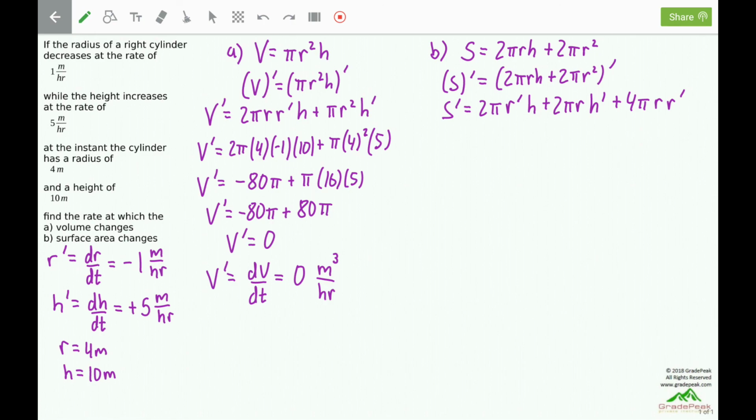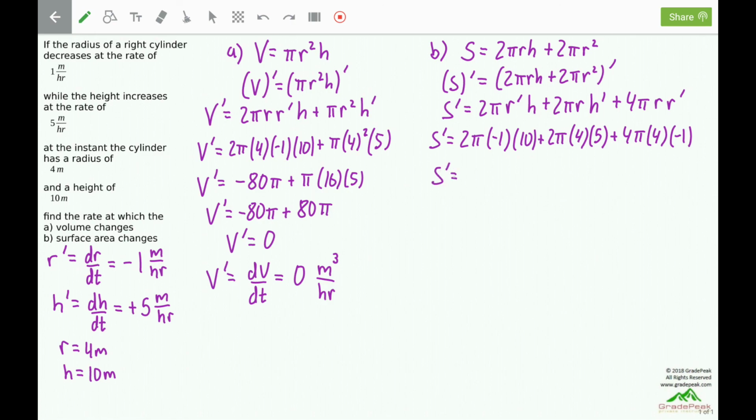We can now plug our numbers in. So S prime will equal 2 pi times r prime, which is a negative 1, times h, which is a 10, plus 2 pi times r, which is a 4, times h prime, which is a 5, plus 4 pi times r, which is a 4, and r prime, which is a negative 1.